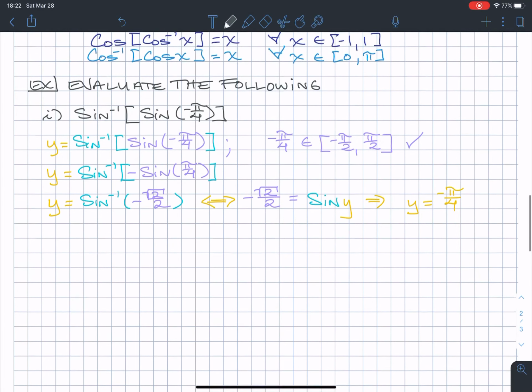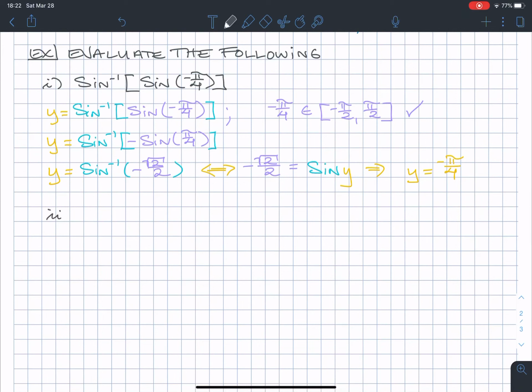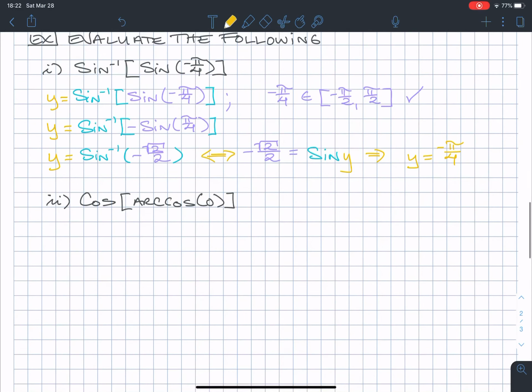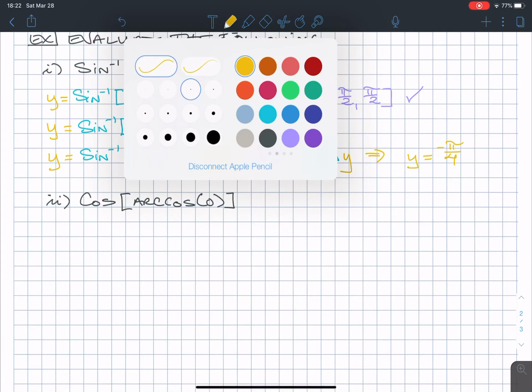Okay, so number 2. Let's say we have cosine of arc cosine of 0. Well, if all goes well, it should be 0, right? Okay, so what do we have here? Let's use green.